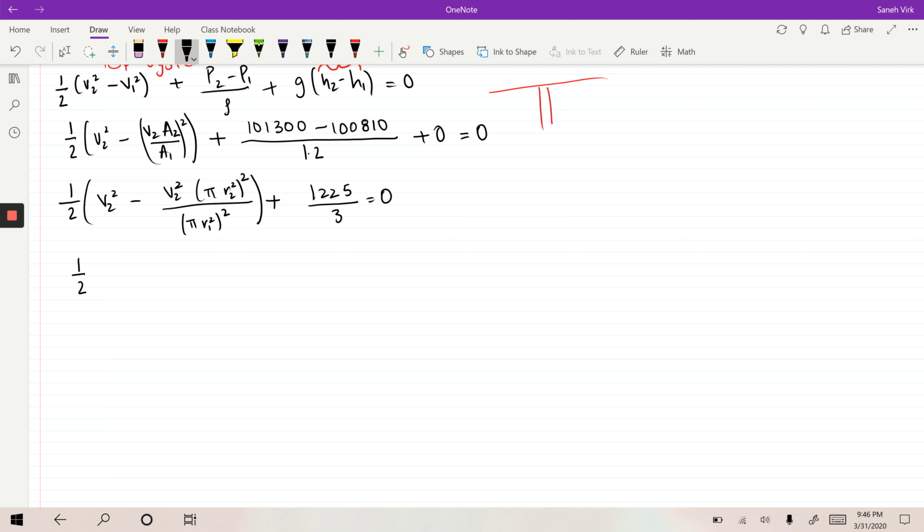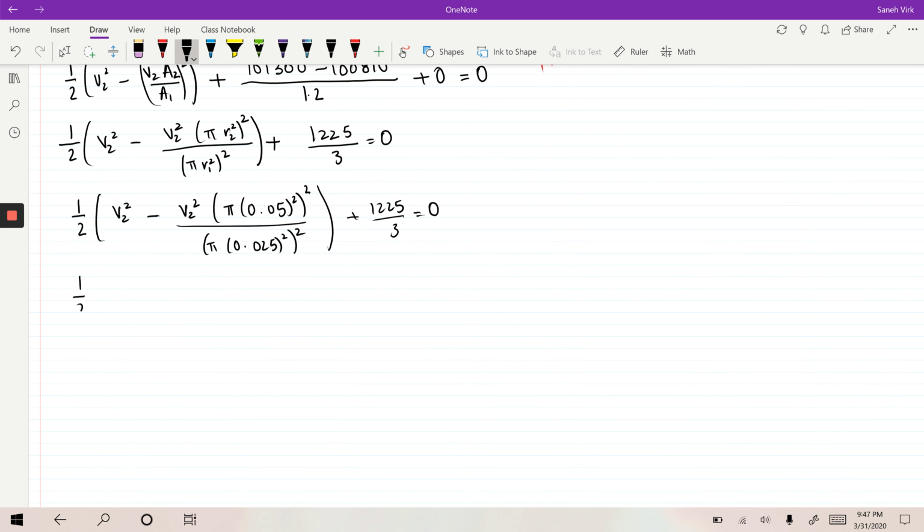Then it's 1/2 V2 squared minus V2 squared pi, our R2 is 0.05 squared, over pi, 0.025, our R1 value, squared, plus 1,225 over 3.